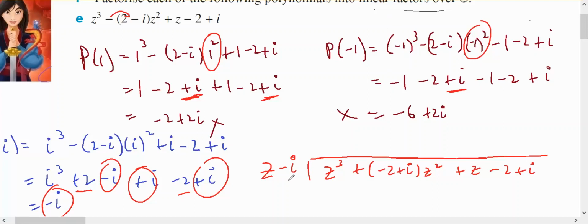Okay, what have we got? z goes into z cubed z squared times. z squared times minus i is minus i z squared.